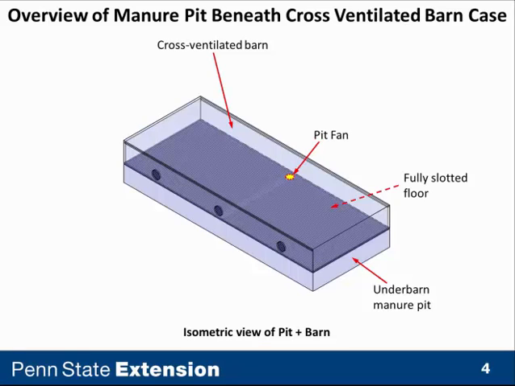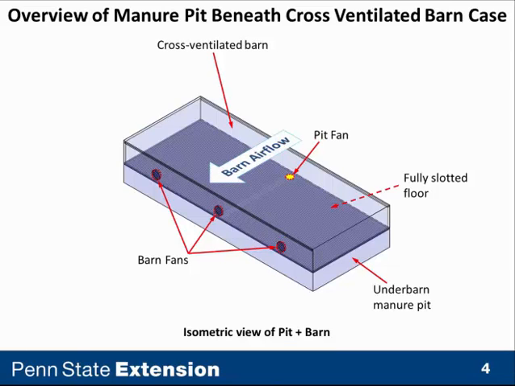It can be located anywhere, but in this example that we're going to do today, it's located at the center line of the barn and close to the sidewall across from the barn ventilation fans. The three black circles are the barn fans.